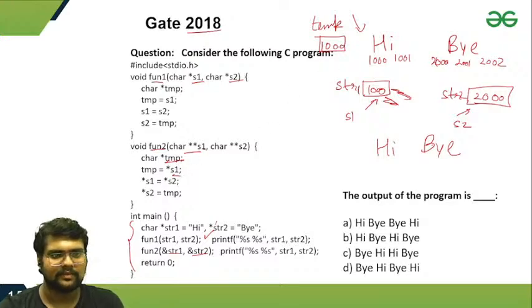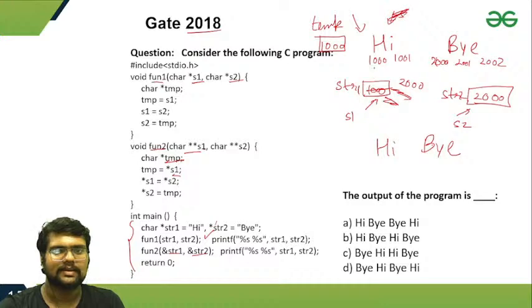Okay, then we are giving the s2 value, which is 2000, to s1, so in s1 now this will be 2000. Okay, so here it is str1, so here it will be 2000. And in str2 we are assigning the value of temp, which is 1000, so this is 1000.